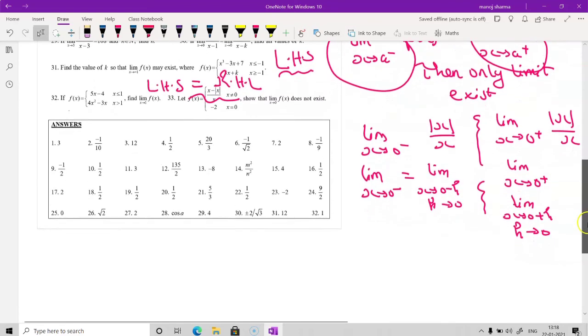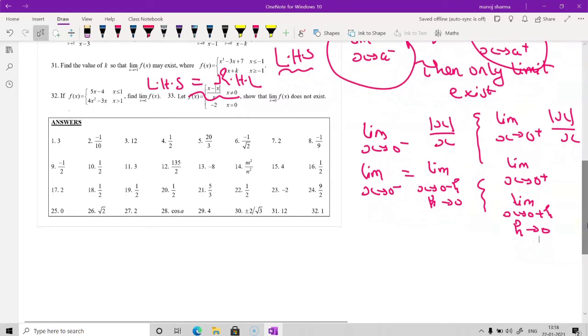So I hope you understand that I am changing this only for this particular question, so that the concept is fully understood by you.